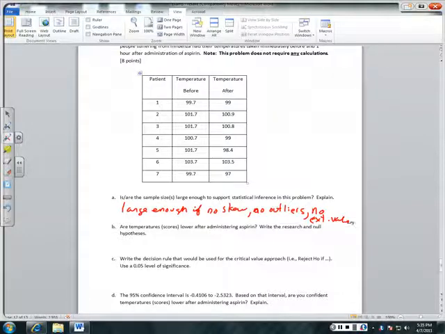In other words, at the small sample size, the population has to be a bell curve or something close to it. Mound-shaped would be good enough on this. Our temperature's lower.